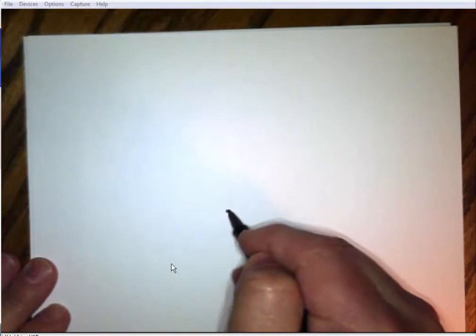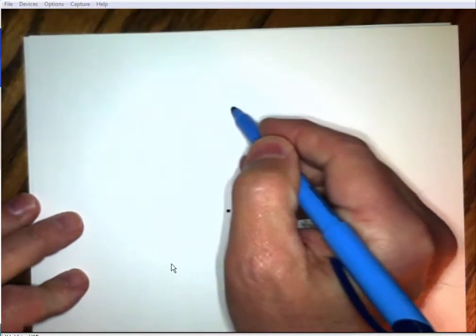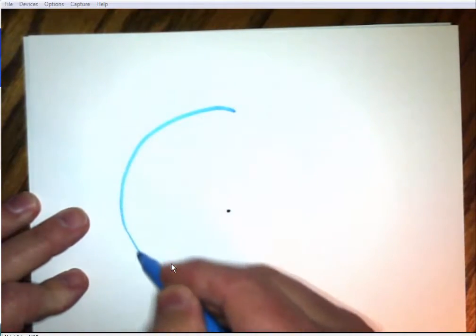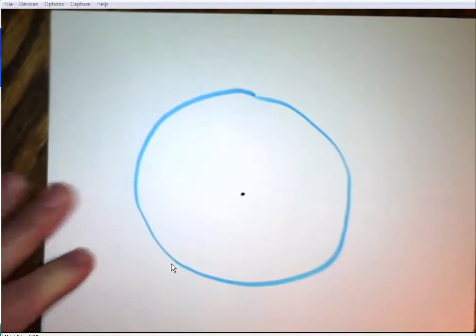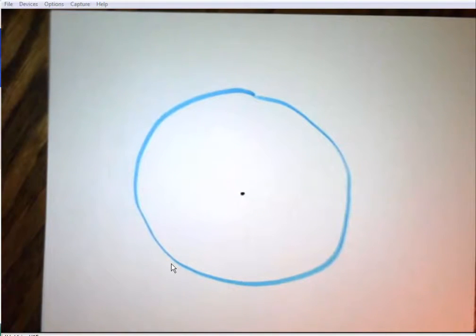So let's say that this is our nucleus for our carbon, and we need a spherical shape for the s orbital. So let's see if I can come up with something close resembling a sphere here. All right, there's our sphere. Not great, but it's okay. All right, that's our s orbital.